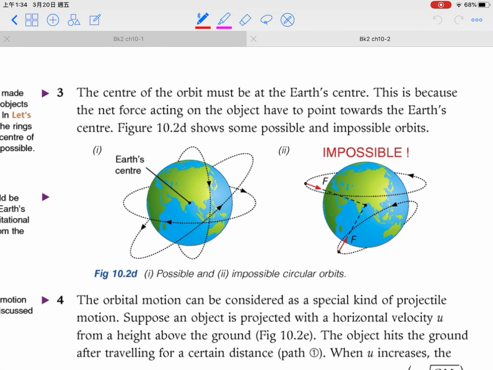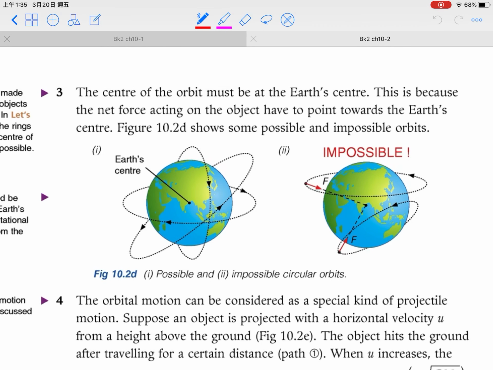Imagine there is a satellite revolving around the Earth. Now the path will be like this, but it is impossible like this. Do you know why? The answer is the centripetal force comes from the gravitational force. The gravitational force should point towards the center of the Earth.